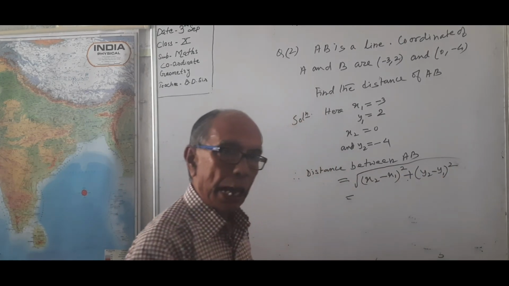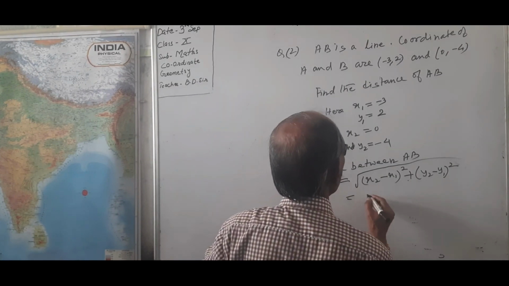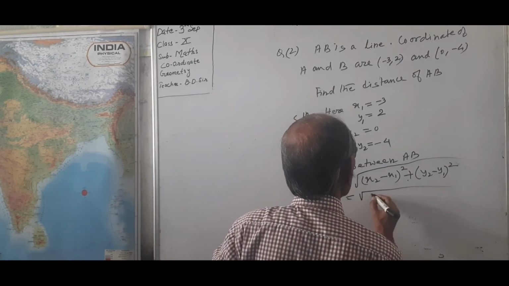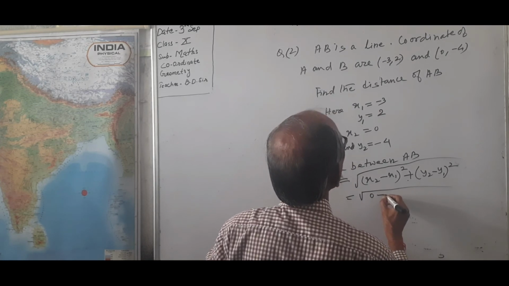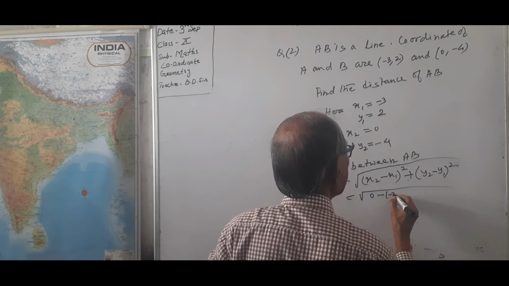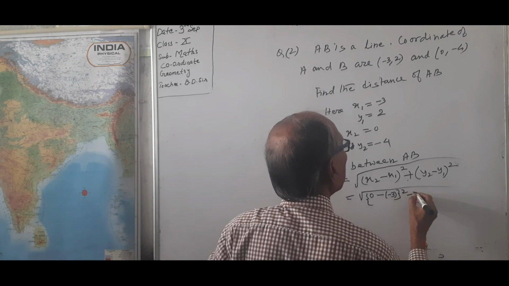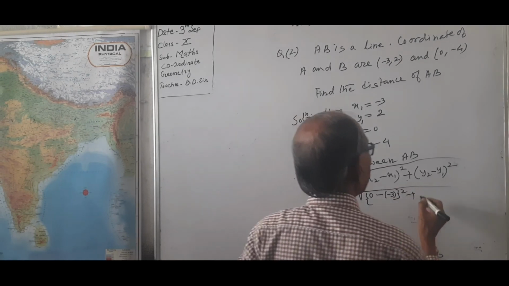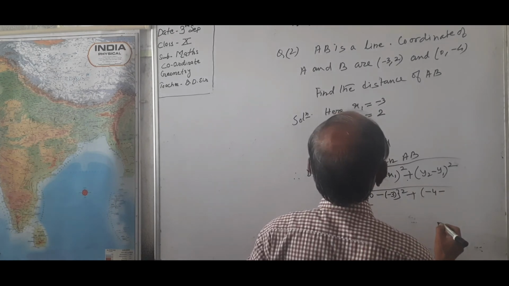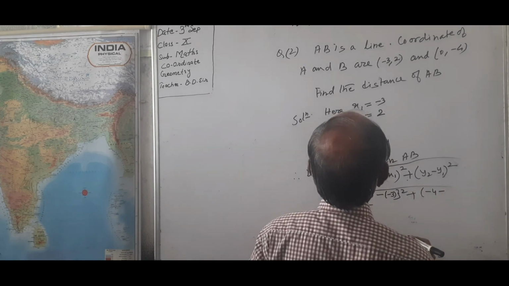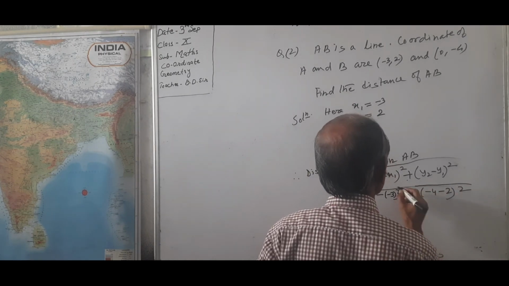So we shall put the value of all the things. X2, 0, minus x1, -3, whole square, plus y2, -4, minus y1, 2, whole square under root.